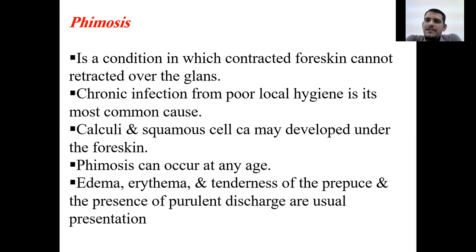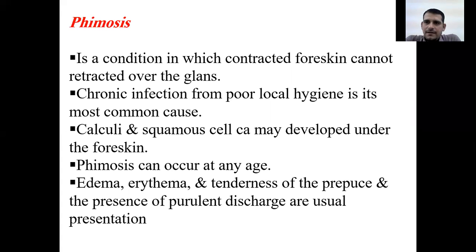The scenario for this baby: a history of being uncircumcised, recurrent infection, urethral discharge, redness of the foreskin, sometimes swollen, with inability to retract the foreskin backward.